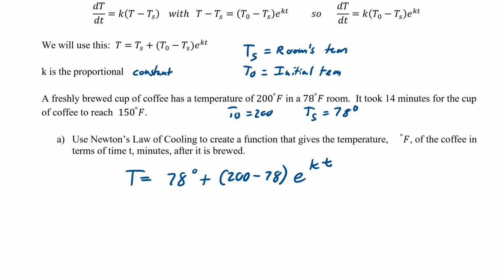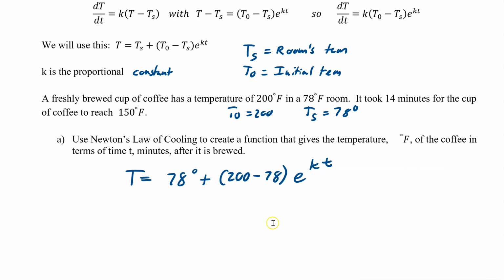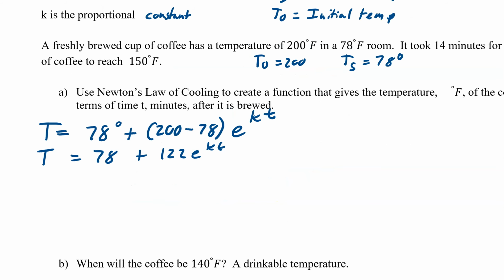All right, so if we plug that in our calculator, 200 minus 78 is 122. And so that is the difference in our temperature. No more degrees here. So the way you can look at it is that it's 78 degrees, that's the room temperature, plus what the coffee is adding to the temperature. Okay, so this is our formula, and so to really quickly check it, remember if you plugged in 0 for t, that'd be 122 plus 78. Everything works great.